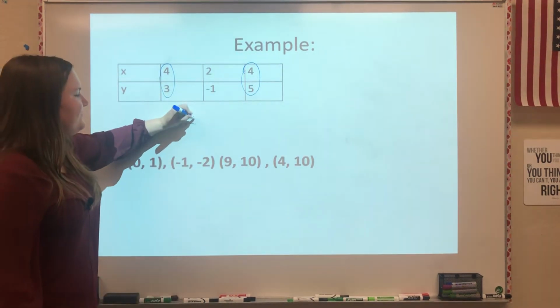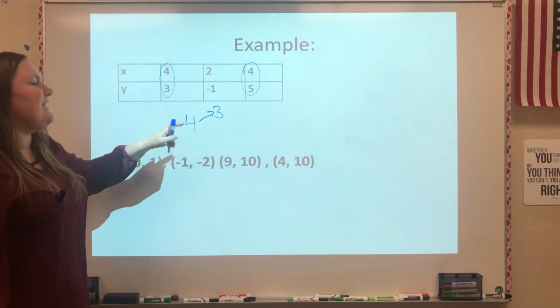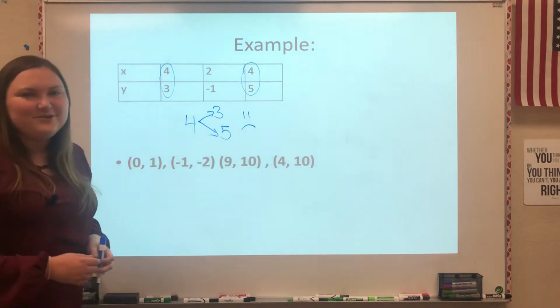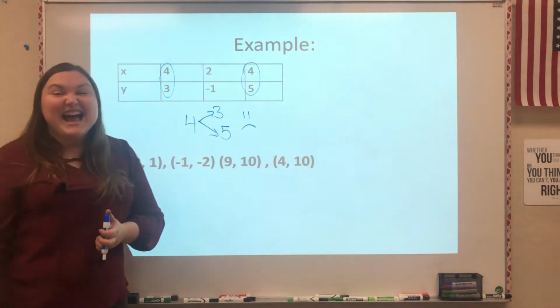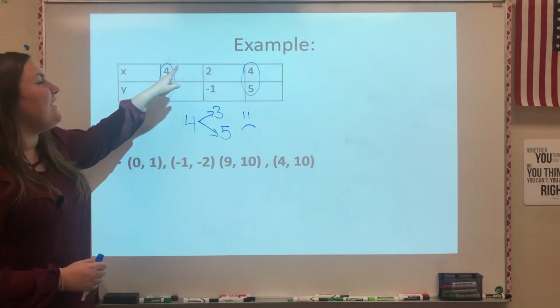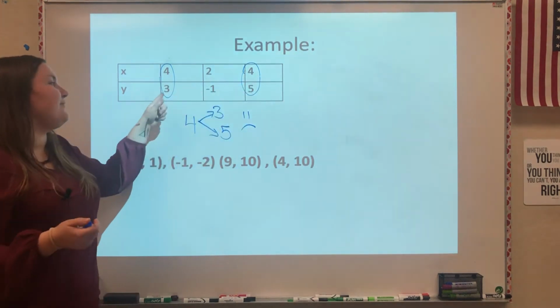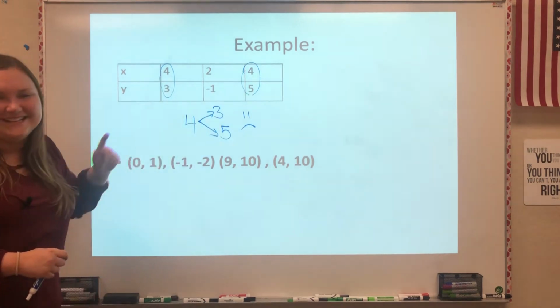This is saying there's 4 going to 3 and the input 4 going to 5. That is no good. So your answer for this should have been no, it is not a function because one input, the input 4, goes to 2 outputs. Goes to 3 and to 5. It's like the soda machine button giving you 2 different things.